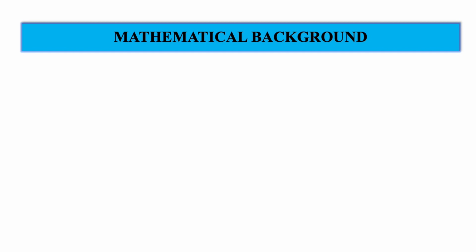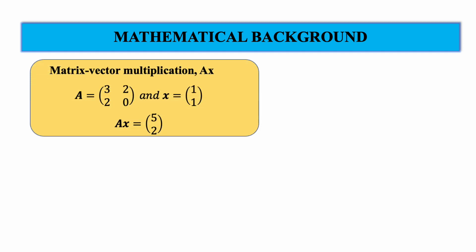Now here is an important topic that we will keep using in our course, which is matrix vector multiplication. Suppose you are given a square matrix A. What is the effect of multiplying matrix A with the vector X?